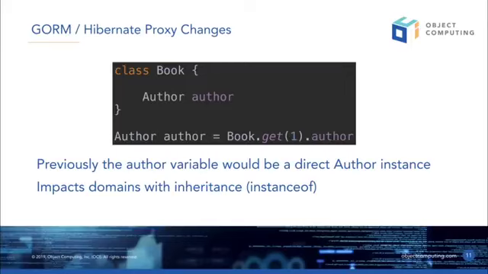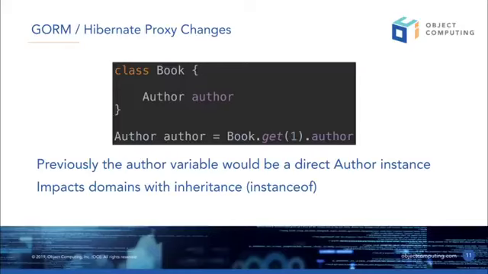About the proxy changes: in this example, we have a domain class called Book, which has an Author, which is also a domain. In previous versions of Gorm, the .author portion after book.get would cause the proxy to be unwrapped, and it would cause a database query to be fired off to retrieve that author, right?